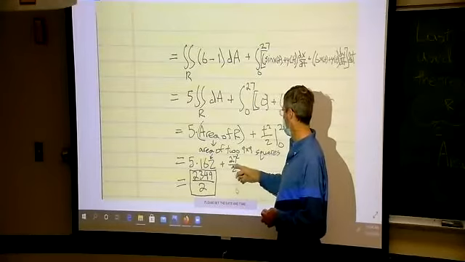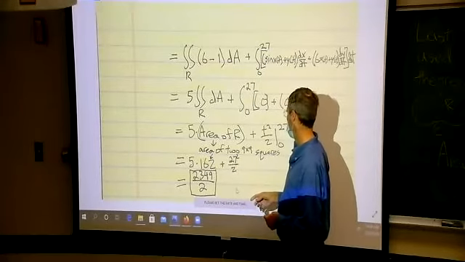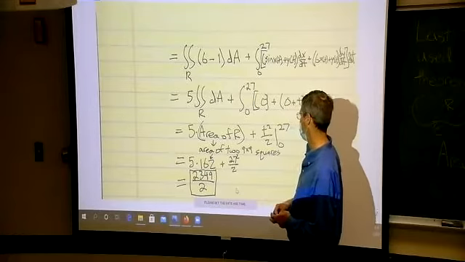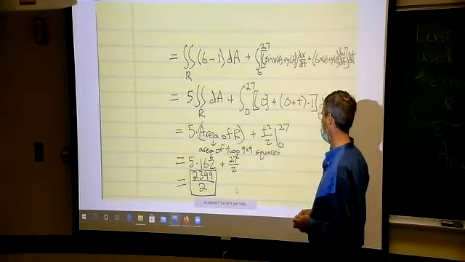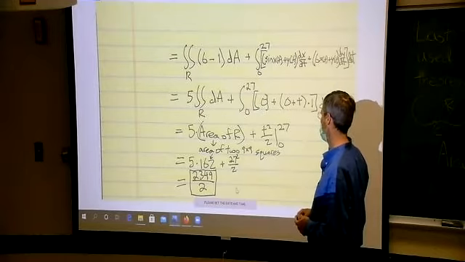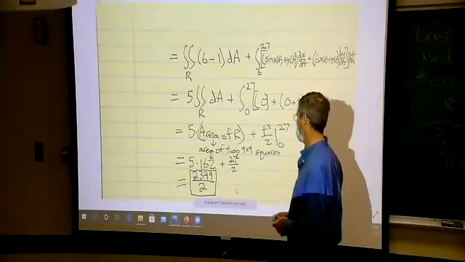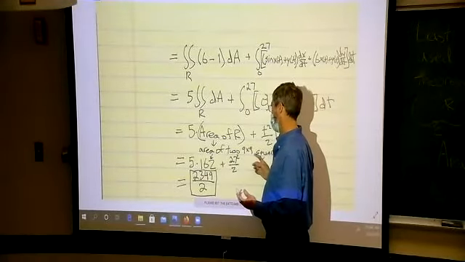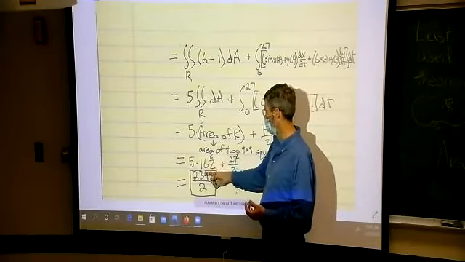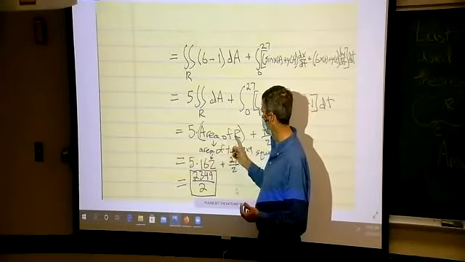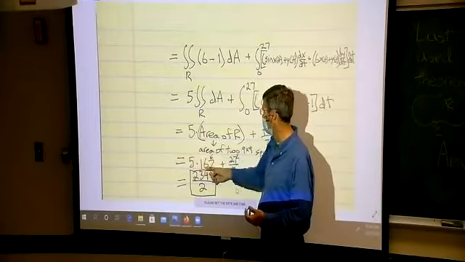So you get the area of a 9 by 9 square is 81. The area of 2 9 by 9 squares is 162. That's the area of R. Multiply that by 5, the constant outside.